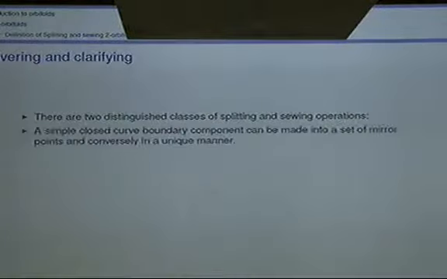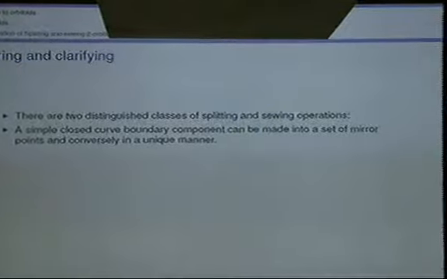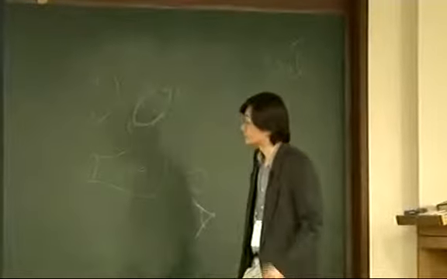Right. But there is another distinguished class of splitting and sewing. Suppose you have a circle in the boundary of a surface, right? Now you can give a silvering by just giving it a G2 structure on the boundary points, right? And that's called silvering.